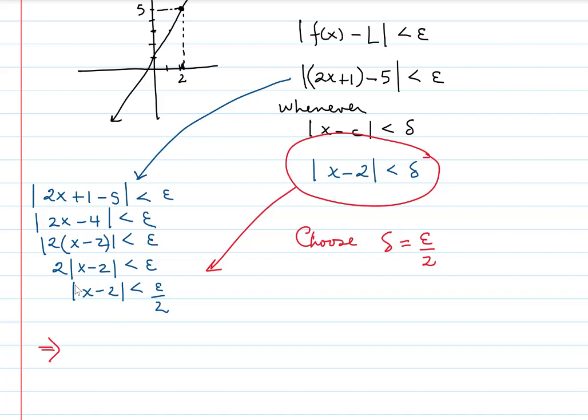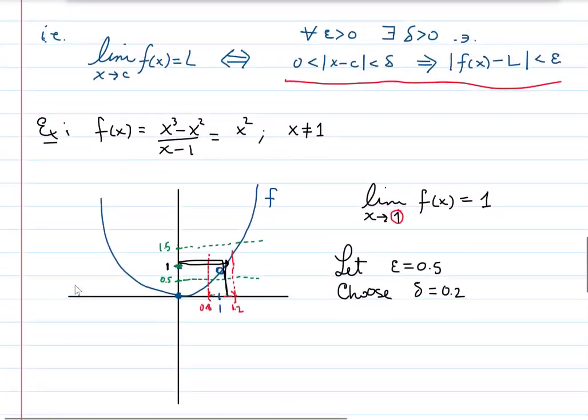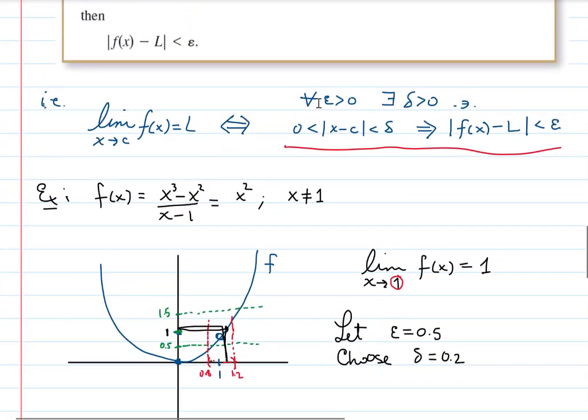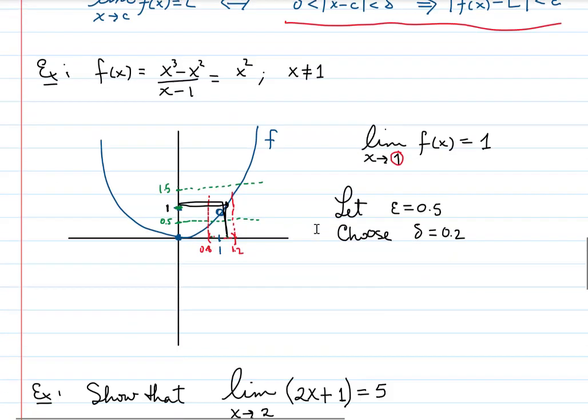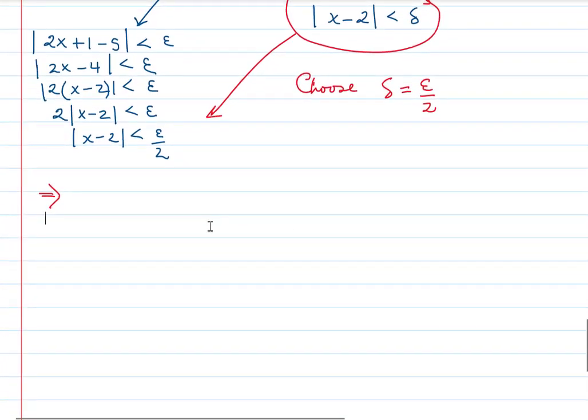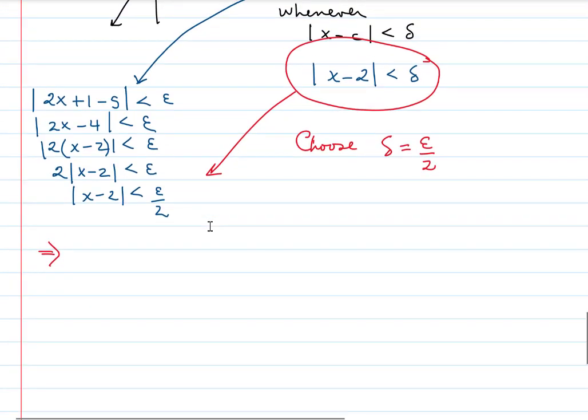This way, now I work backwards, but to show that this is actually true, remember, we have to show that for all epsilon, there exists a delta such that this implies that. But now that happens, because this right here, the absolute value of x minus 2 less than delta, and remember I chose my delta to be epsilon over 2.